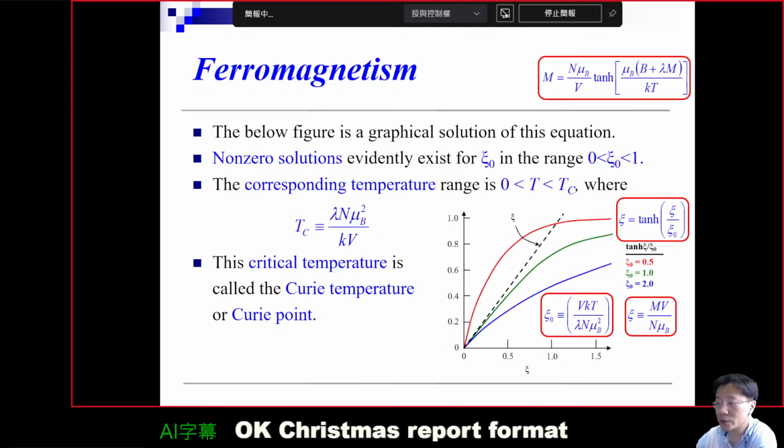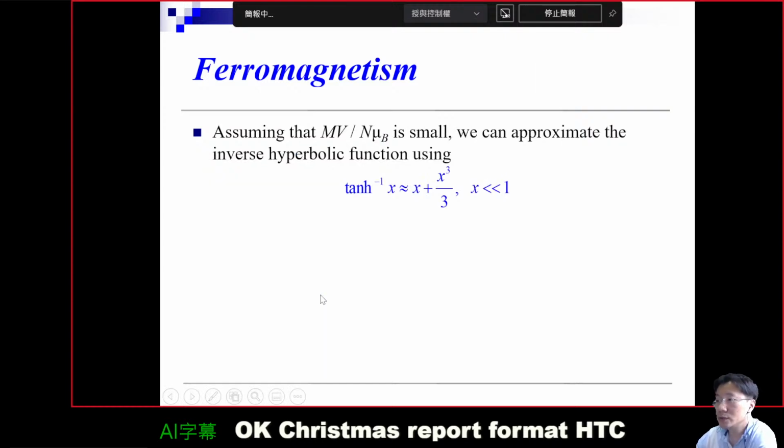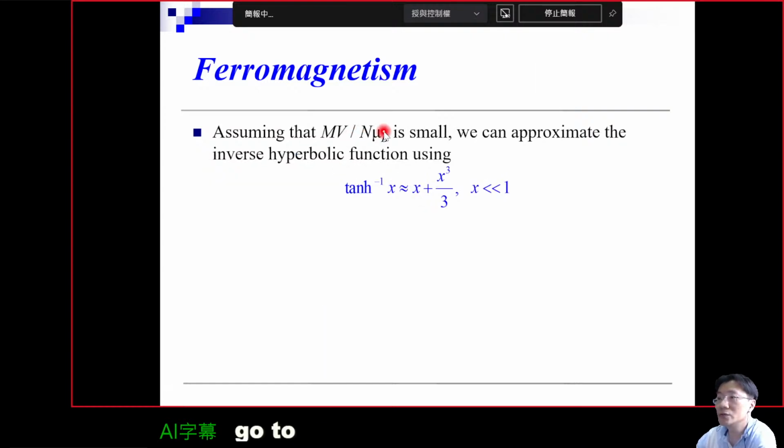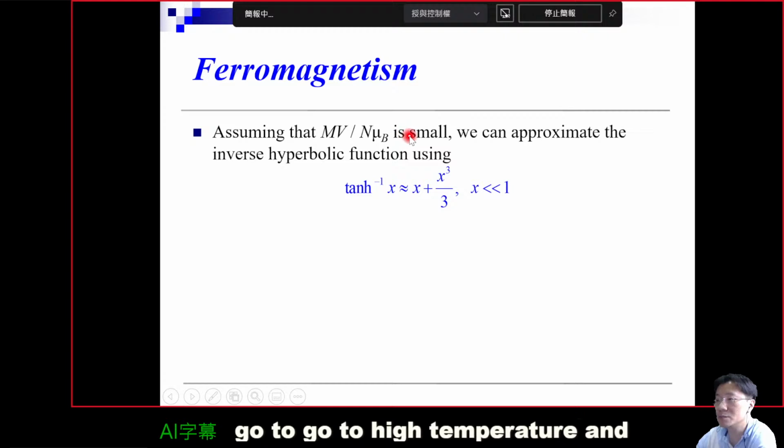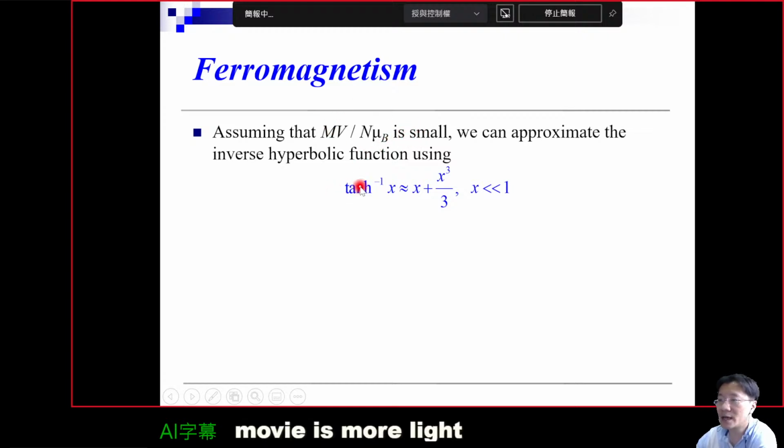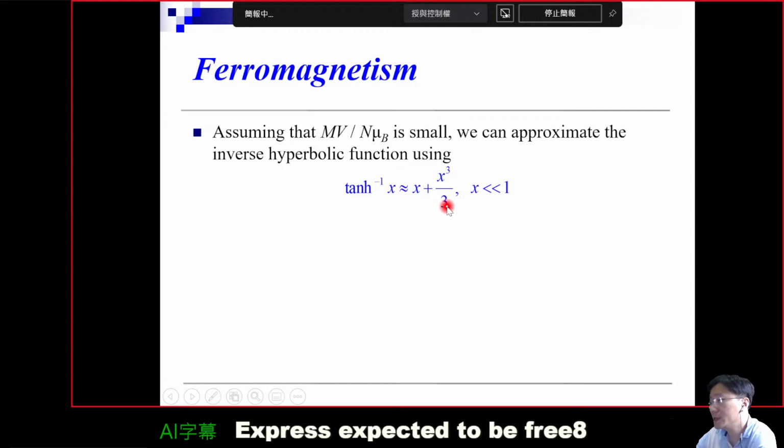So how to extract the Tc? You can go to the high temperature, which means that mv by n mu b is small. In that case, the hyperbolic tangent of x would be equal to x minus x to the 3 by 3, in the case that x is relatively smaller than 1.